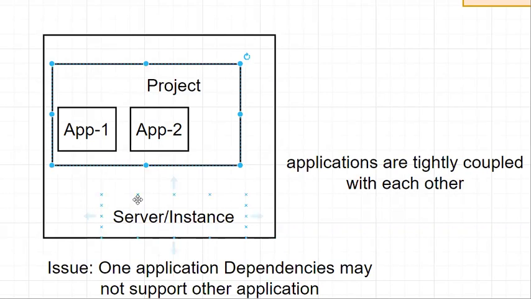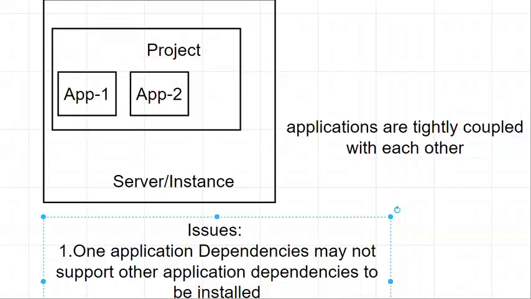Yes, because both applications have the same dependencies. In that scenario, if due to one application the dependencies are not working, then the other application also does not perform its task correctly, because its dependencies are also not working, right? Yes. So one application's failure may also cause the other application's failure as well. So this is also one of the issues, right? Yes.